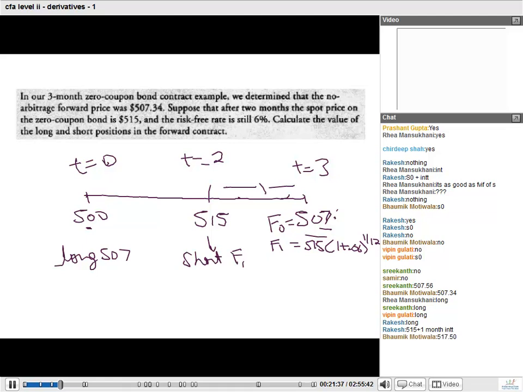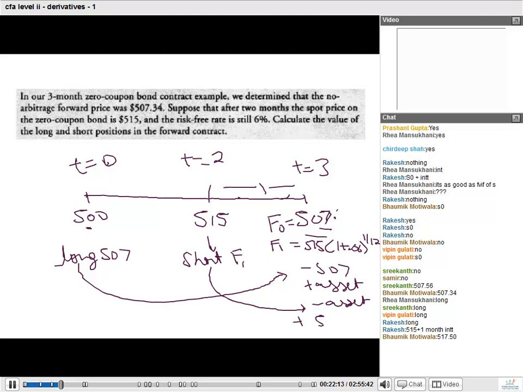Now let's see what will happen at t equal to 3. Because of the first contract, at t equal to 3, he will have to pay $507 and purchase the asset. But because of the second contract that he has also entered, he is short the asset. So he will have to deliver the asset, which is a zero coupon bond, and receive 517.5.